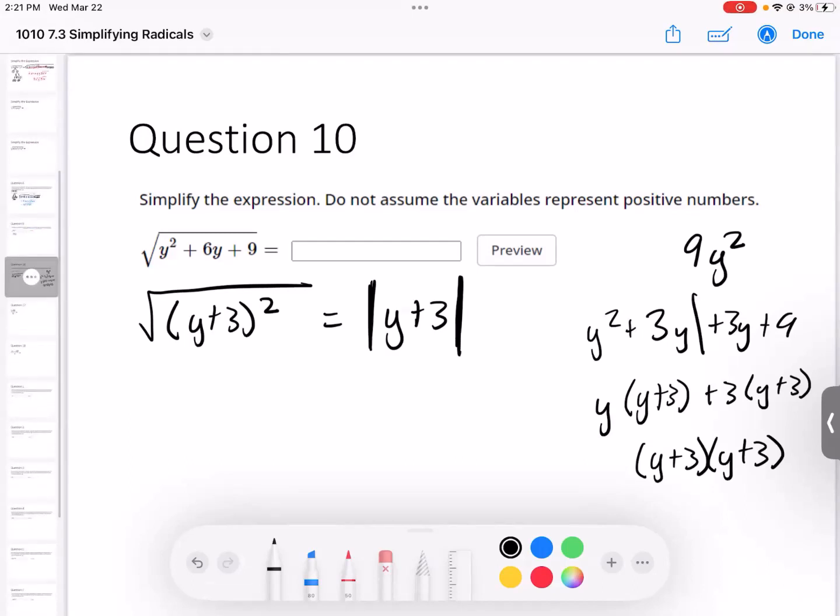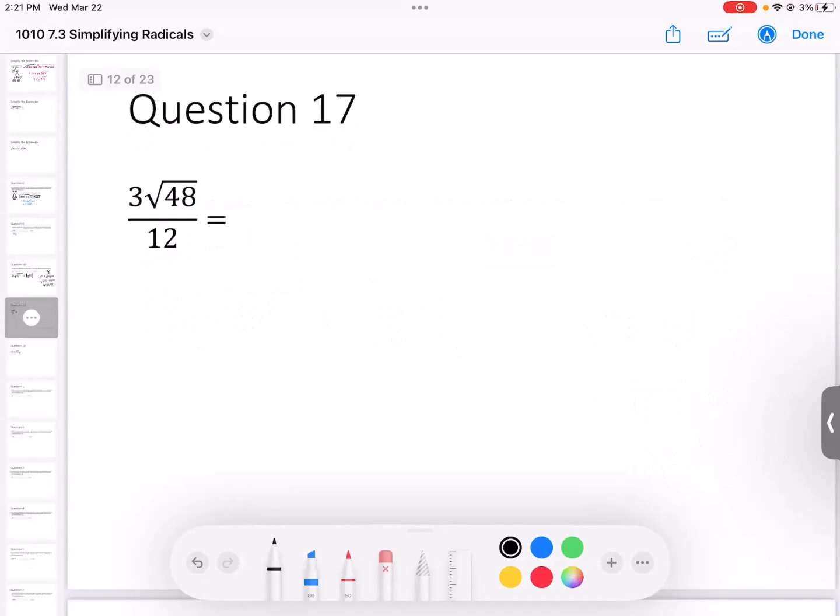The other question I wanted to go over is question 17. So on question 17, you're asked to simplify an expression that has a square root in it. So you could just start simplifying this because 3/12 can reduce to 1/4, but it would probably be easiest if we first simplified the square root part. So to simplify the square root of 48, we need to factor 48.